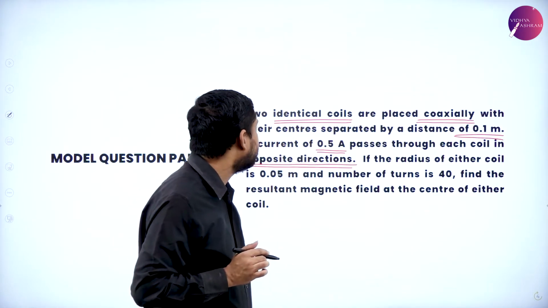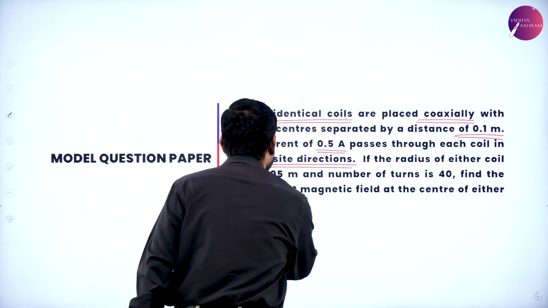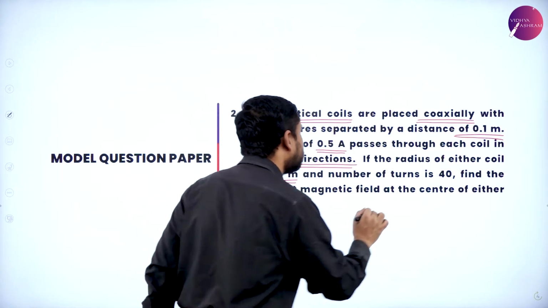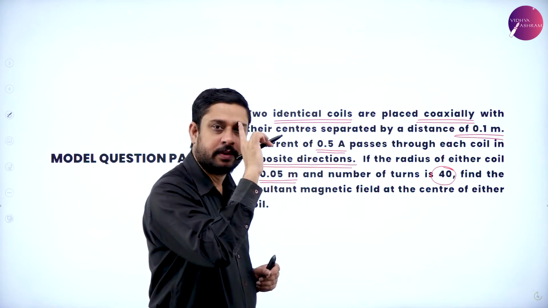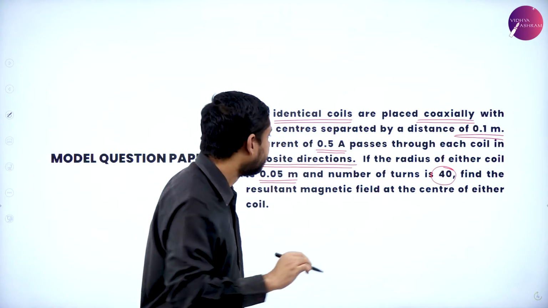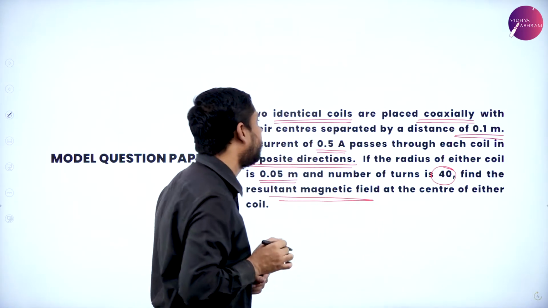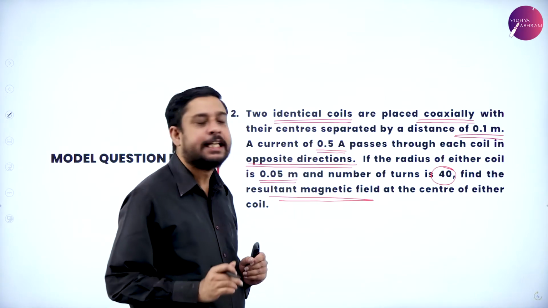If the radius of either coil is 0.05 meter and number of turns is 40, find the resultant magnetic field at the center of either coil.